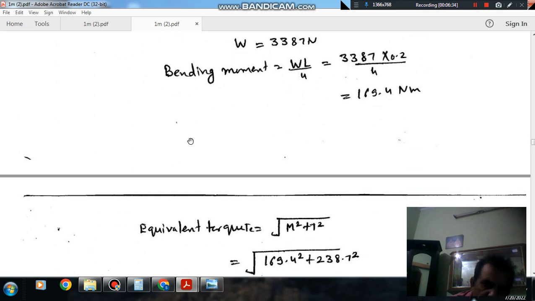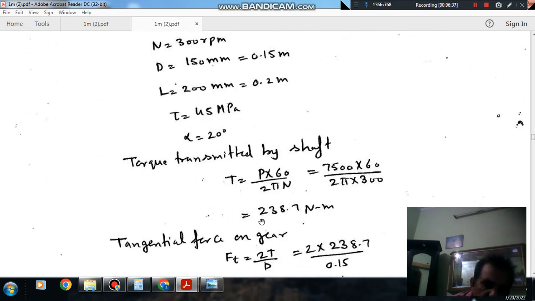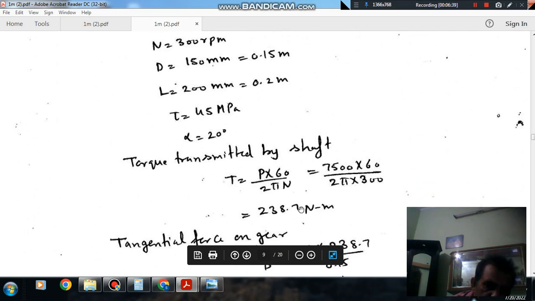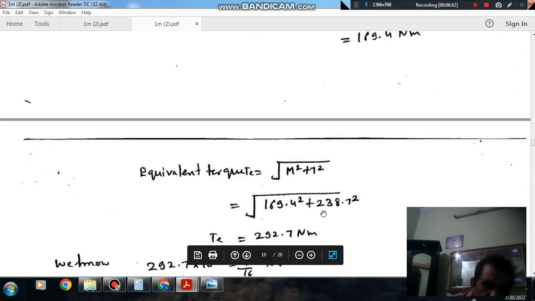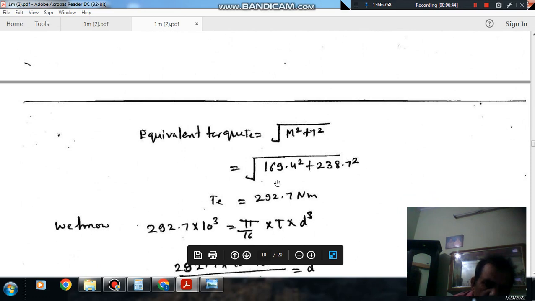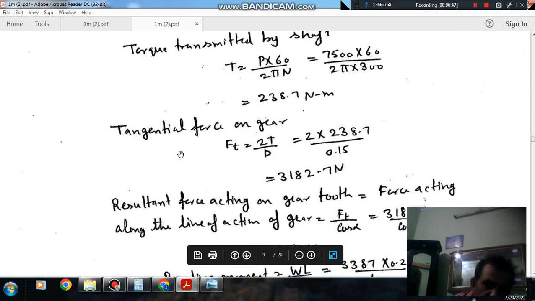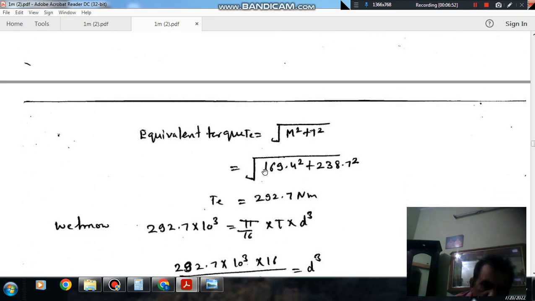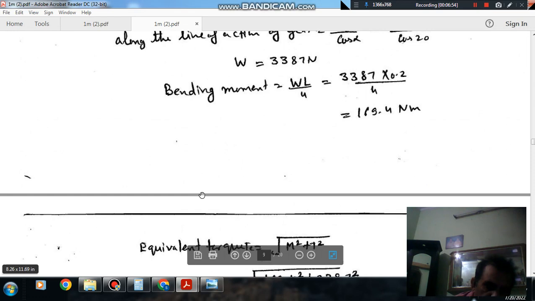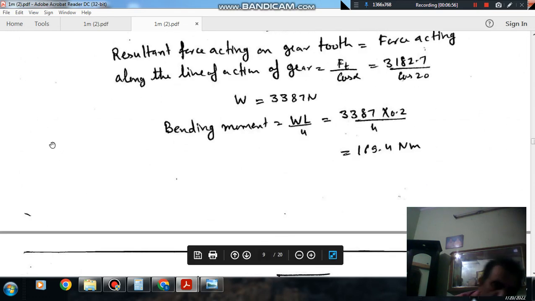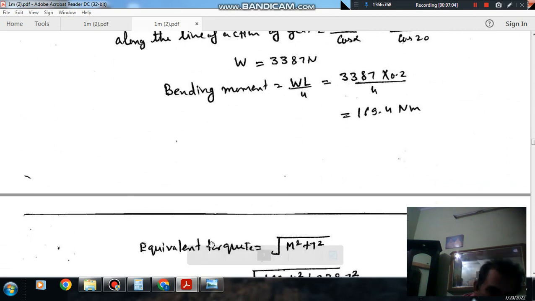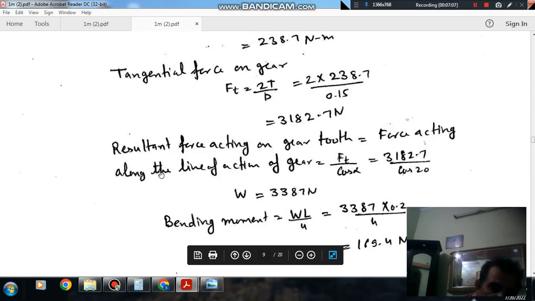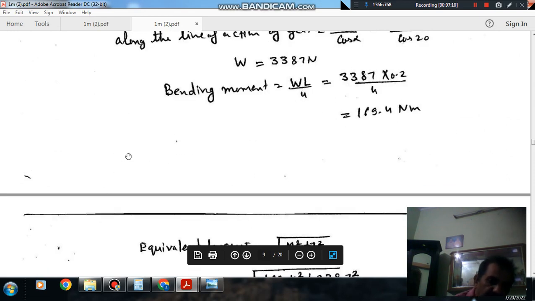So that is the bending moment, and the torque applied is 238.7 Newton meter. Now we have the bending moment and we have the torque also. The bending moment and the torque can both cause shear stress in the shaft, so we have to consider the effect of both.